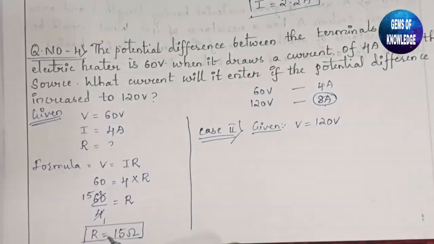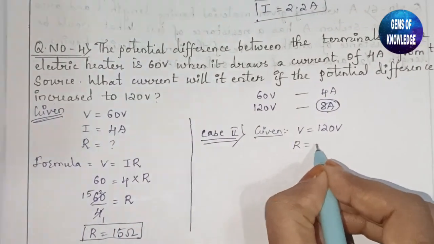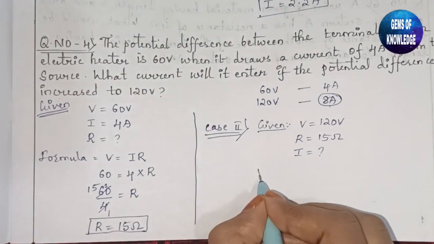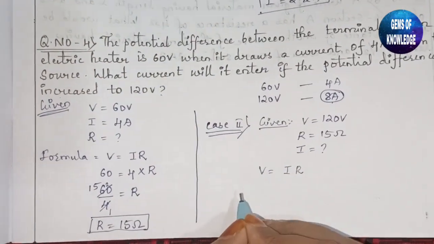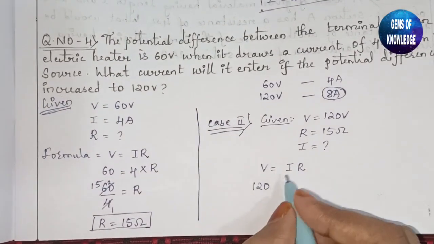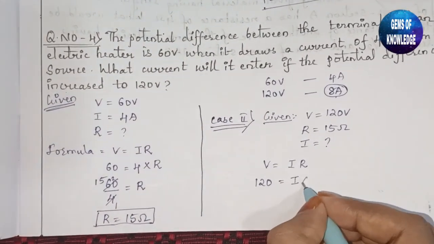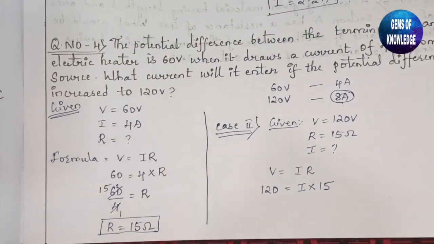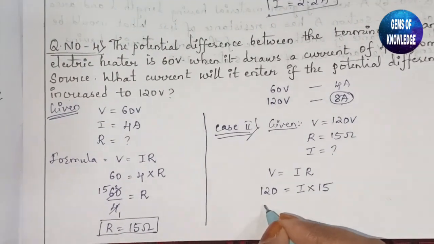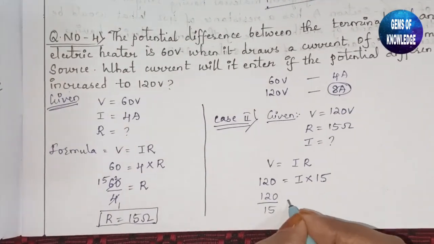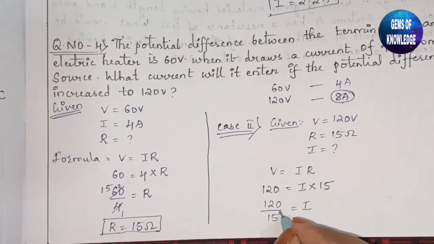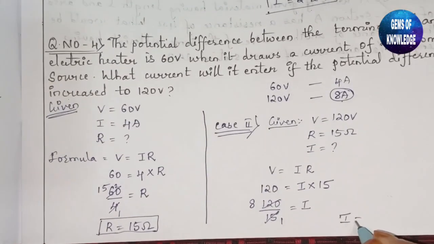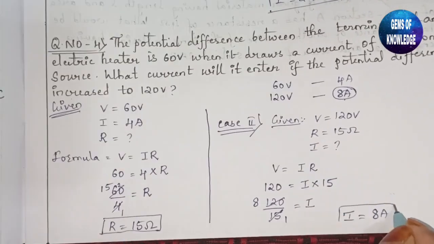The R value we got is 15 ohms, and we have to find I. So V is equal to IR: V value is 120, I we have to find out, into R value 15. Bring this 15 to this side. It becomes 120 by 15 is equal to I. Now we know that 15 ones are 15, 15 eights are 120. So I is equal to 8 ampere.